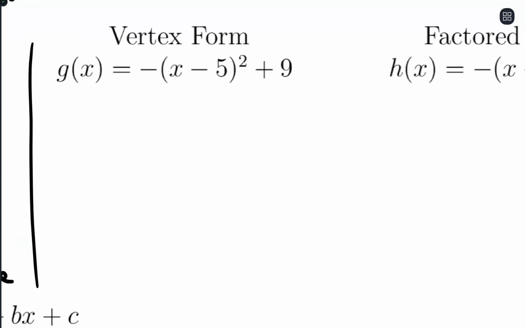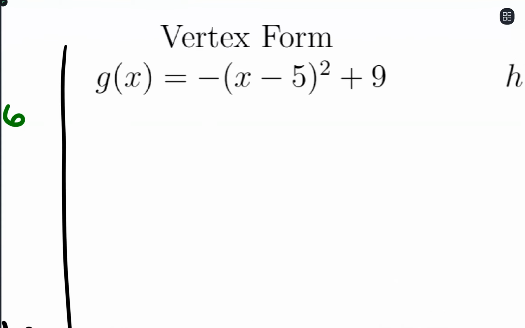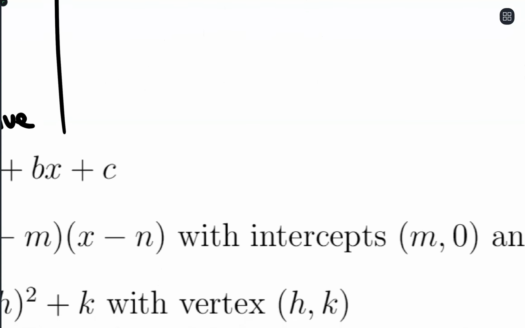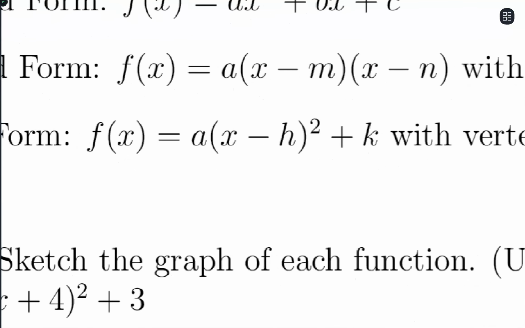This form right here is vertex form. And we can see the general form down below here. So the general form goes f of x equals a times, and then in parentheses, x minus h squared plus k. What we're getting is this value of h is our x coordinate of the vertex, and the value k is the y coordinate.